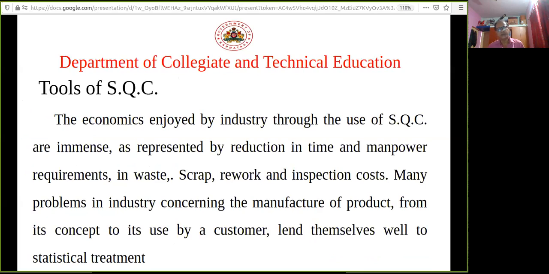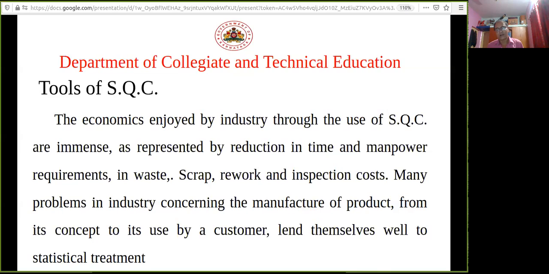So the next point is the tools of SQC. The economies enjoyed by the industries through the use of statistical quality controls are immense. As you know, when the industry uses statistical quality control, naturally there are reductions in the time, reductions in the manpower requirements, reductions in the waste, meaning the scrap, and there is no question of rework, and the inspection cost will be less.